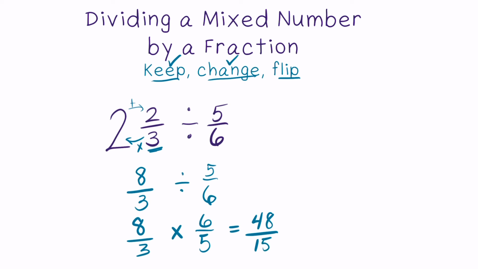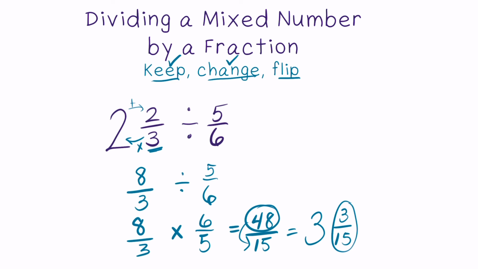We could have taken this fraction of 48/15 and simplified it into a mixed number. 48 divided by 15 would have given us 3, because 15 times 3 equals 45, and then a remainder of 3 here, and the denominator of 15.